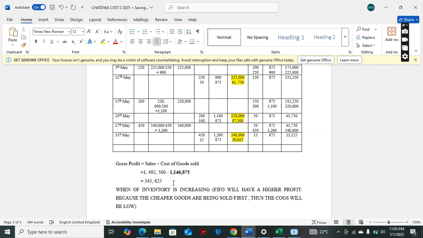When the price of inventory is increasing, FIFO is going to have a higher profit because the cheaper goods, the ones that came first, are sold first. So your cost of goods sold will be low, and the lower the cost of goods sold, the higher the profit. Was that a question?